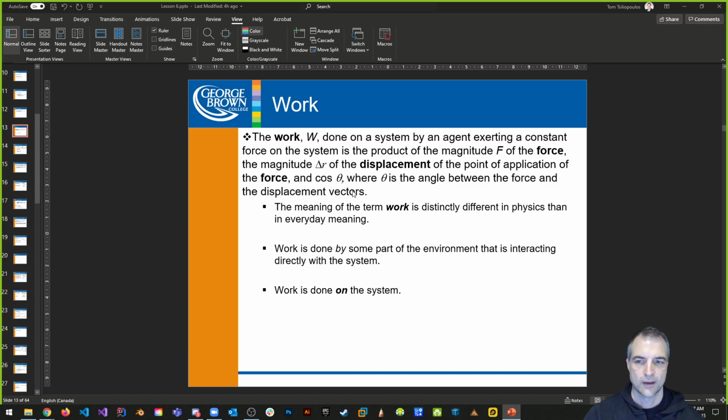In other words, if there's no movement, the meaning of the term work is distinctly different in physics than in everyday meaning. So work in physics means that we must have movement. No movement, no work. And that's different than what we're thinking.